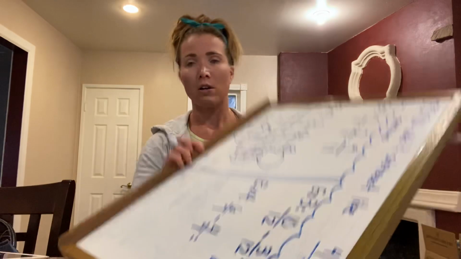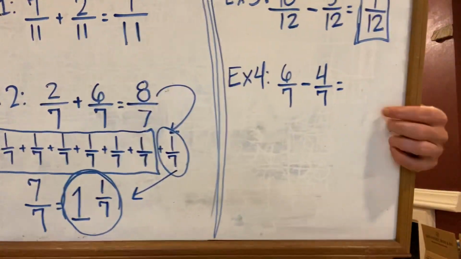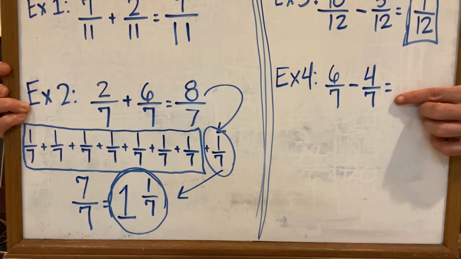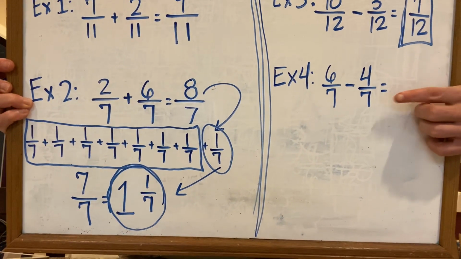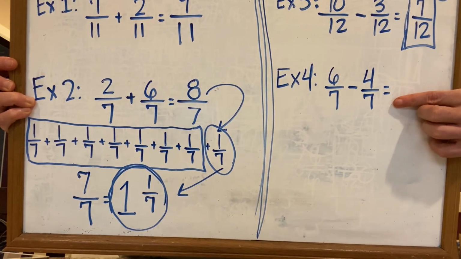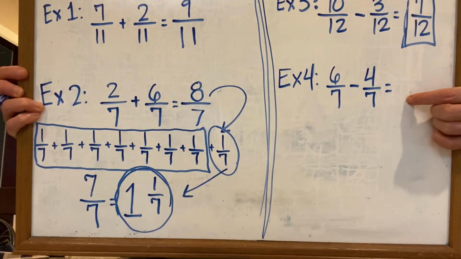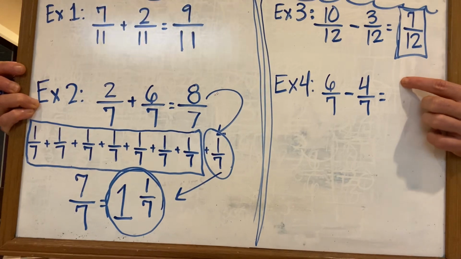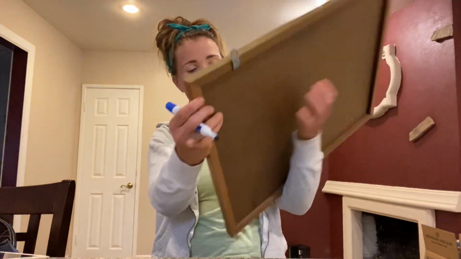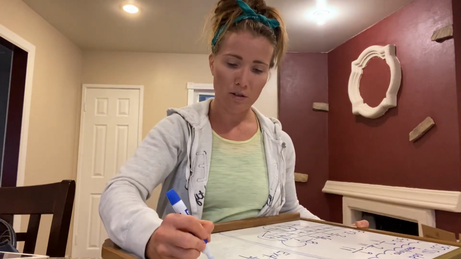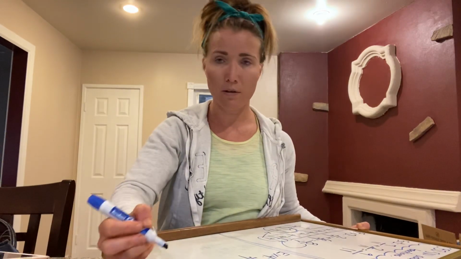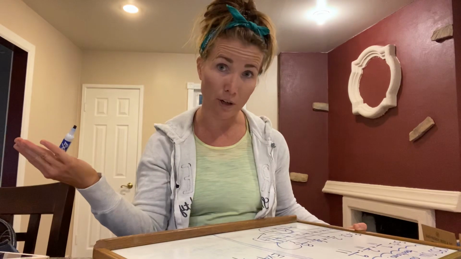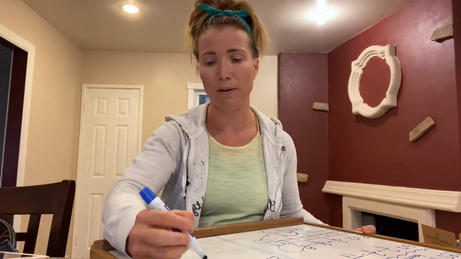Because these are like fractions, meaning they are divided into 7 parts, my denominator in the answer will remain 7. And then up top, I just subtract across. The denominator stays the same, and the numerators are 6 minus 4. 6 minus 4 is 2.